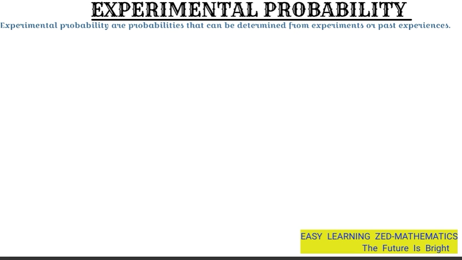So let me start by defining what experimental probability is. Experimental probability are probabilities that can be determined from experiments or past experience. So experimental probability is a probability that you can determine from experiments or past experiences.